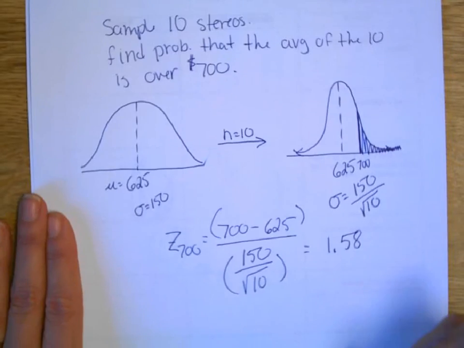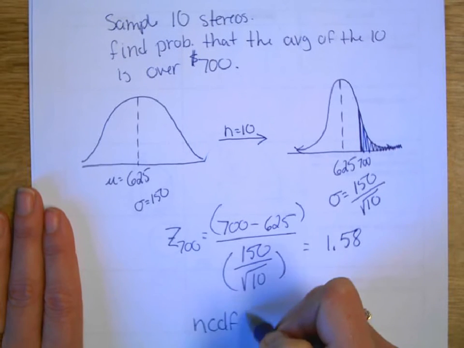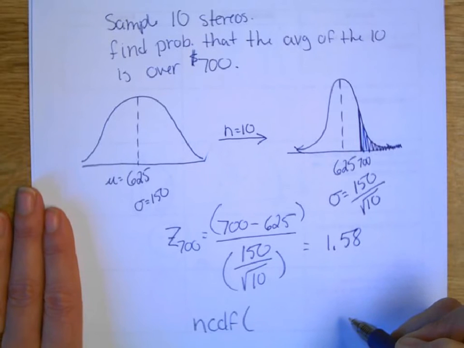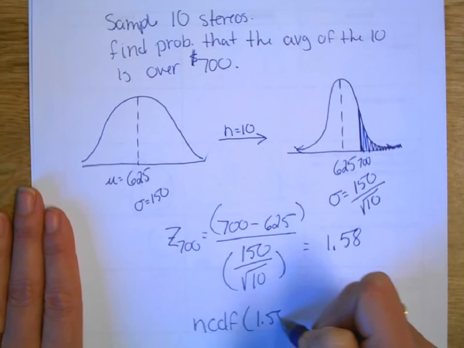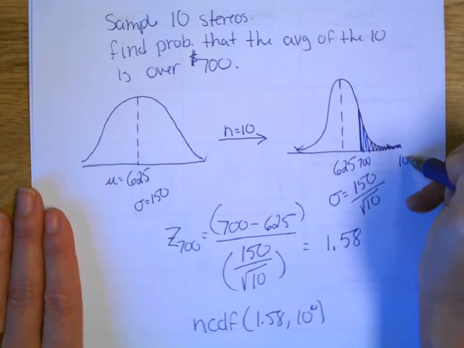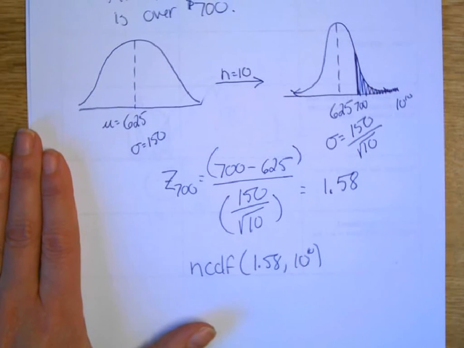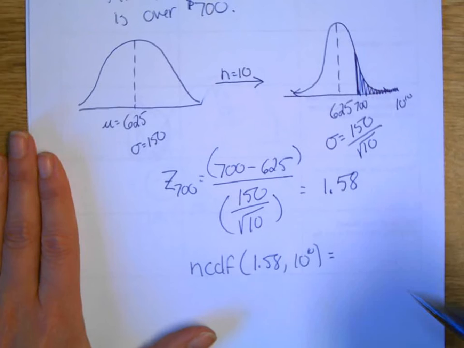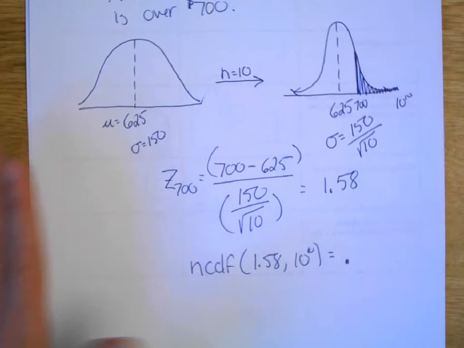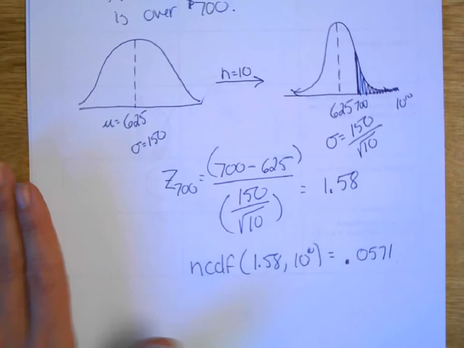All right, now where? NCDF. 1.58. And then 10 to the 10th is the other one that we didn't really have to calculate because we could see the shading went all the way. You're good there? And what did this come out? Anybody crank through it? 0.0571.